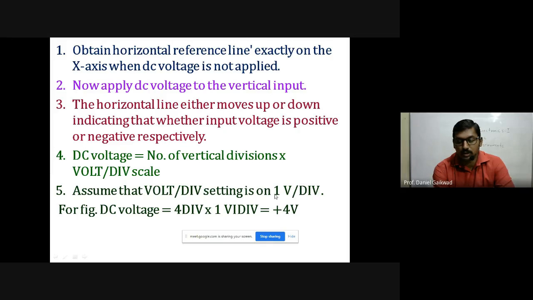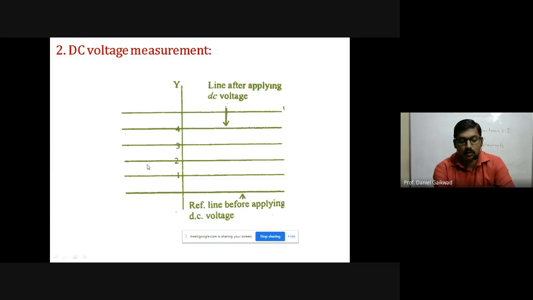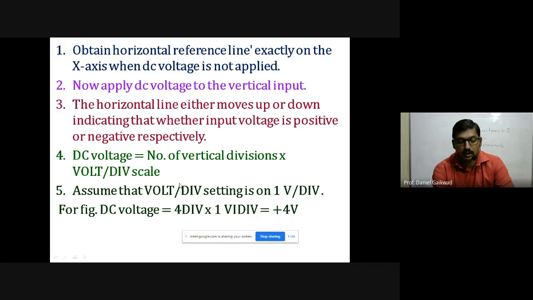The knob is set to 1 volt per division. Now from the figure, the number of divisions is 1, 2, 3 and 4 divisions. So for the figure, DC voltage is equal to 4 divisions into 1 volt per division, and that is equal to 4 into 1 is equal to 4 volt.